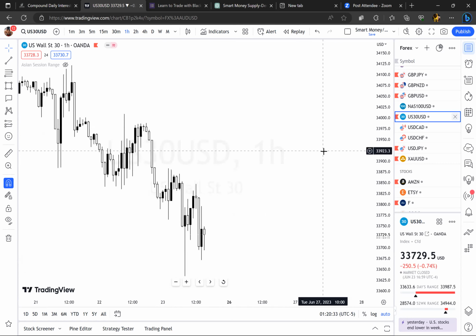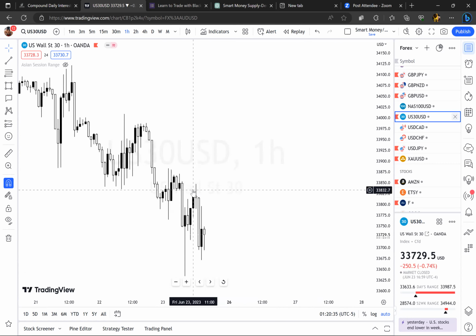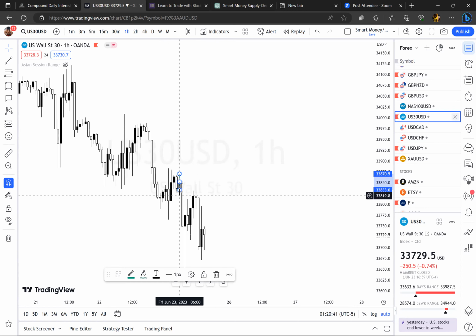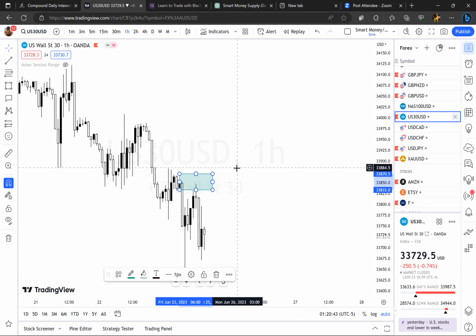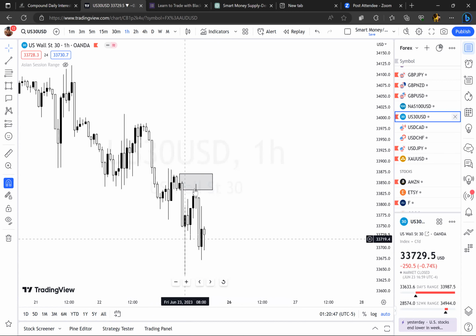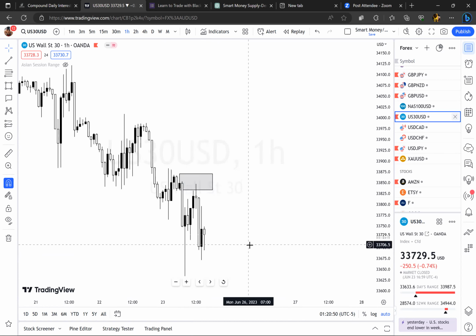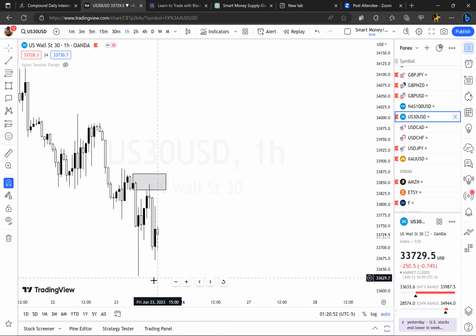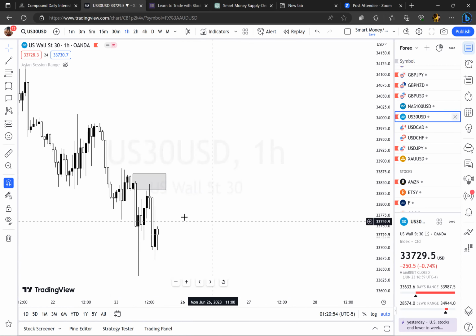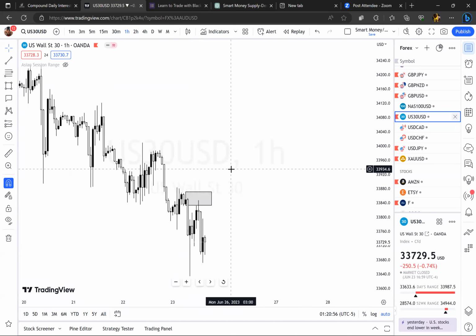Let's look at what price currently is. We see price respected this zone right here. Price respected that zone. It came down, but it never came down here, maybe because it was Friday and the market closed.